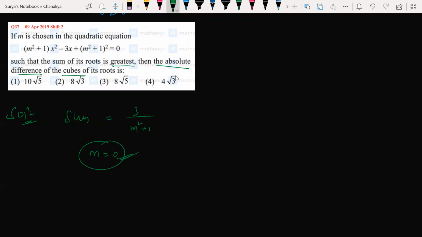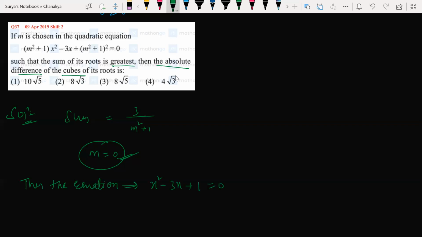Why is it 0? Because the sum of roots is greatest exactly when m is 0. So what is the equation now? Then the equation is 0 square plus 1, so x square minus 3x plus 1 is equal to 0.